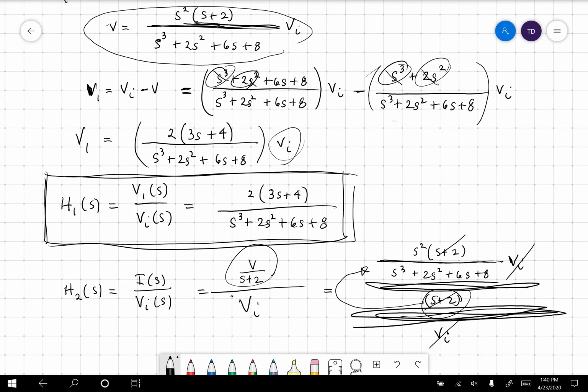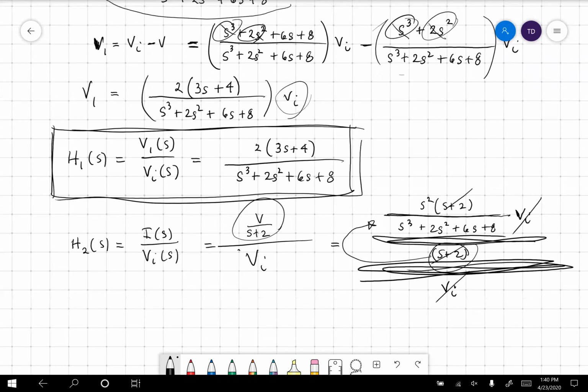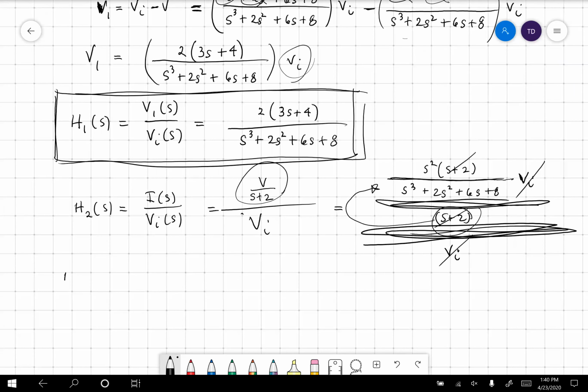That is going to cancel with that term there. So we have cancellation. So we have H2 of S is equal to S squared divided by S cubed plus 2S squared plus 6S plus 8.